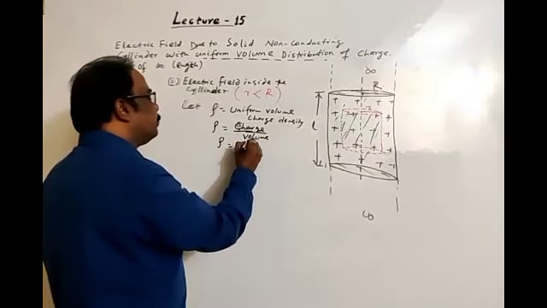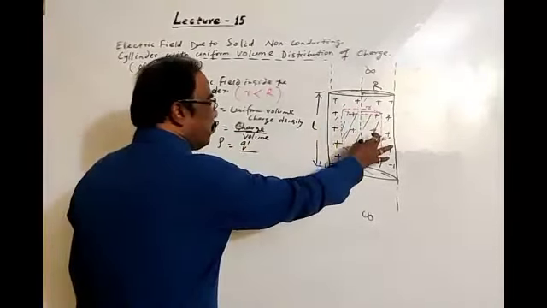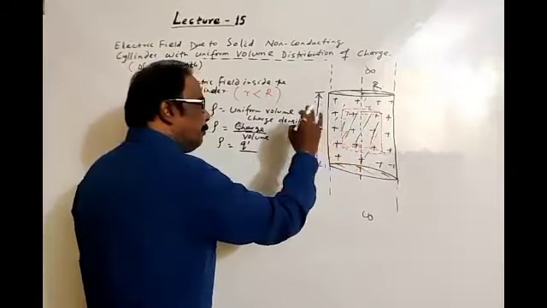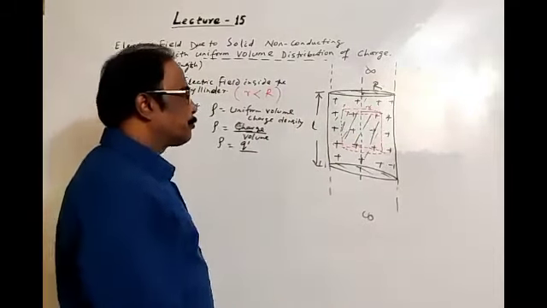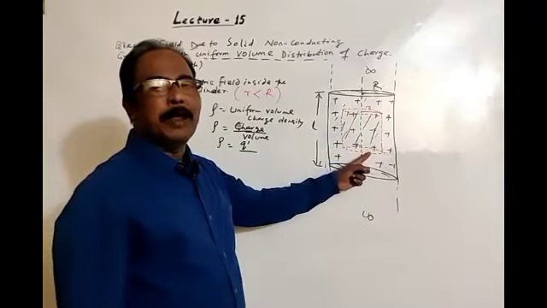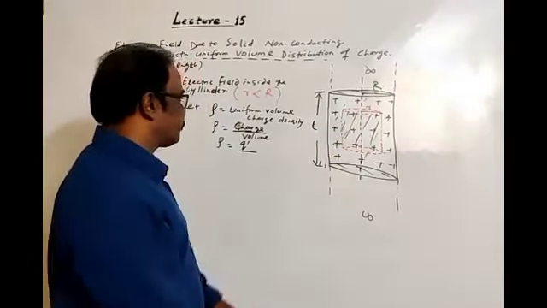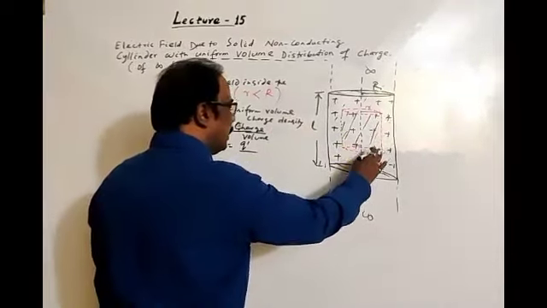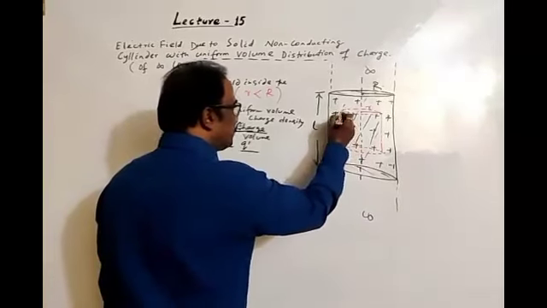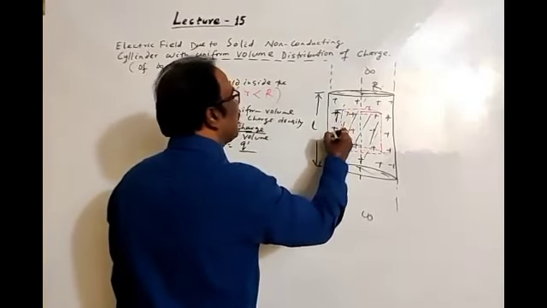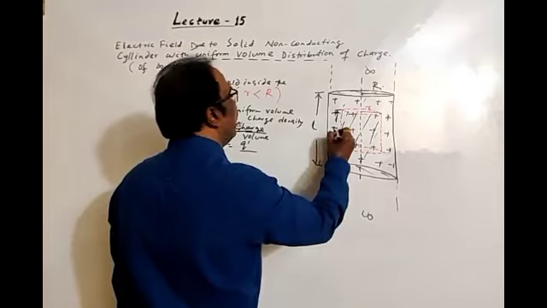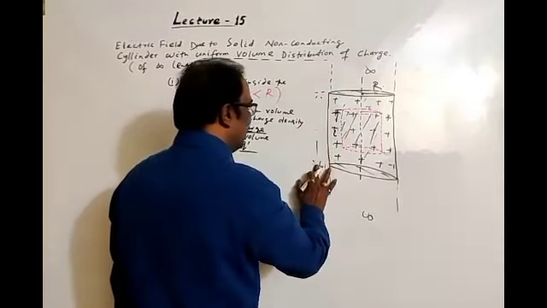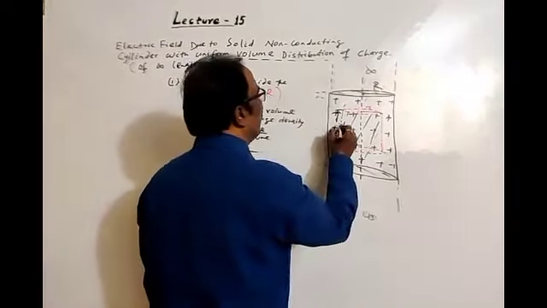Let the charge inside it be q dash, the total charge. Due to volume distribution of charge, the total charge inside this imaginary Gaussian surface is q dash. Then for the volume of this imaginary Gaussian surface, let this length be L dash.